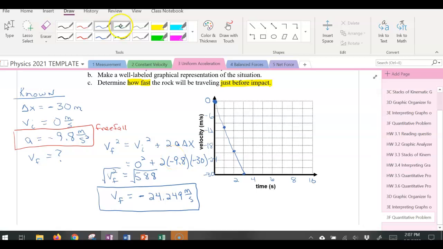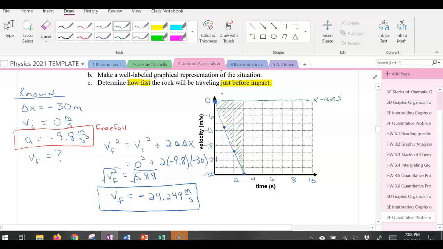I do know that the area between this graph and the x-axis, and the x-axis is up here where velocity is 0, I have to find how much time it takes before that area equals -30.